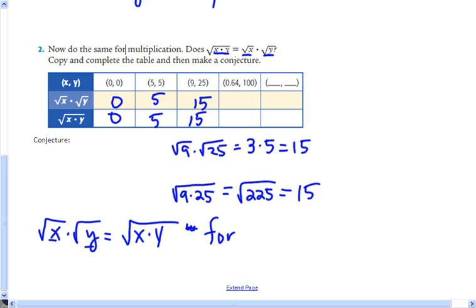And I think that's true for all numbers. Let's say all positive numbers, all numbers greater than 0, because we know that when you have negative numbers, you can't even take the square root of those, so we have to be a little bit careful with that.